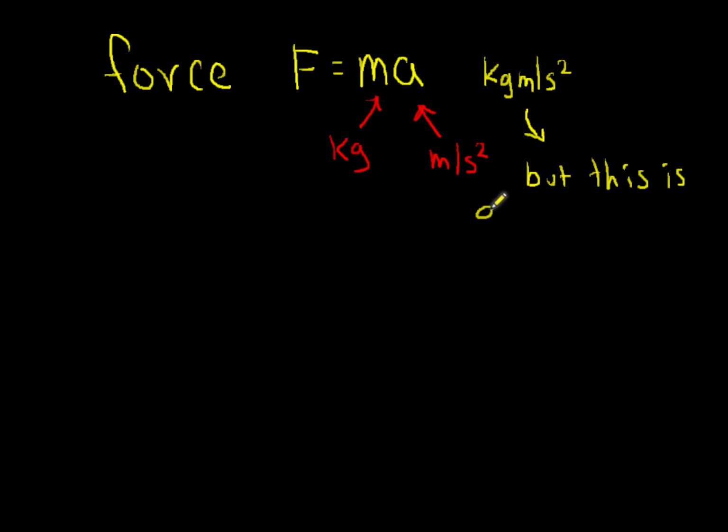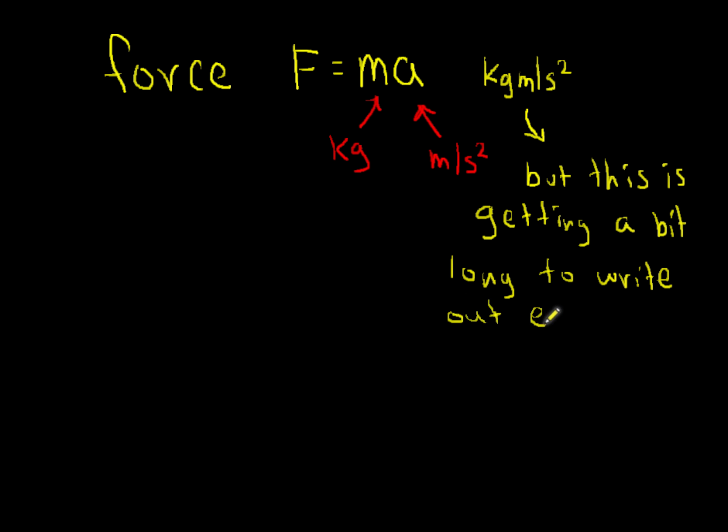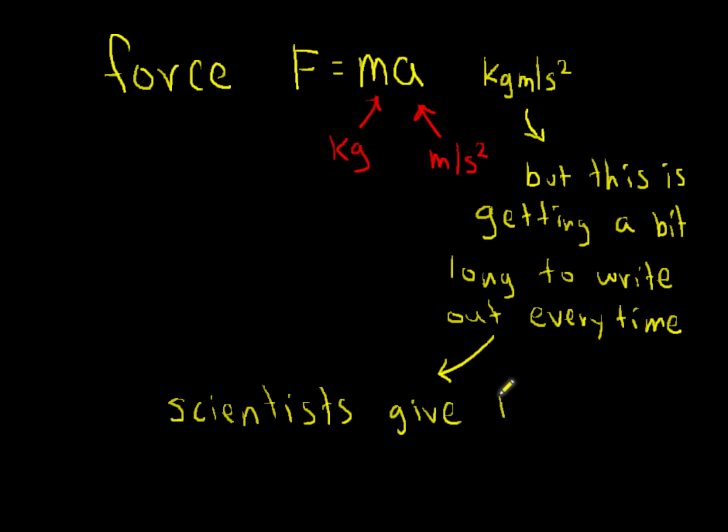But this unit is a little bit big. It's getting a little cumbersome to work with, a bit long to write out every single time you calculate force. So scientists created a unit to take the place of the kilogram meter per second squared.